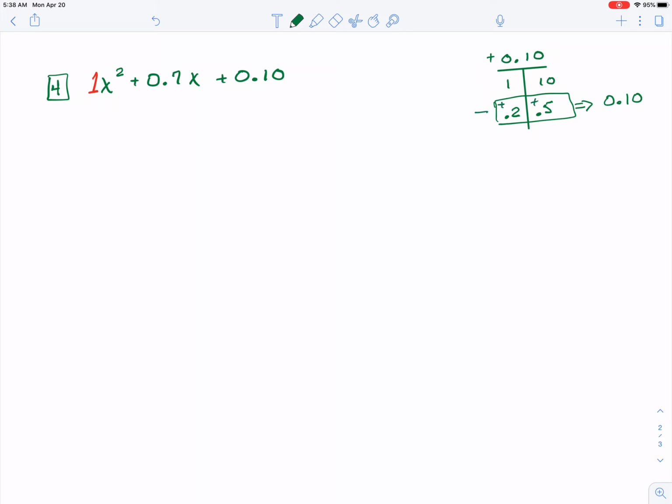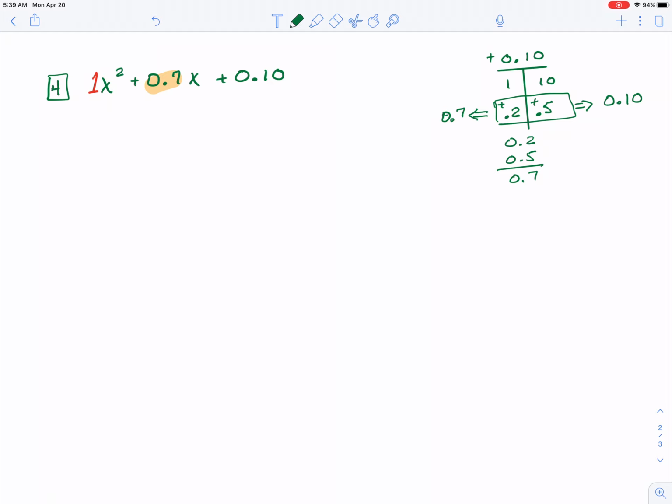And if I add 0.2 to 0.5, I get 0.7, which is what I'm looking for in this middle term back here, positive 0.7. So I think I have found the correct combination, 0.2 and 0.5.